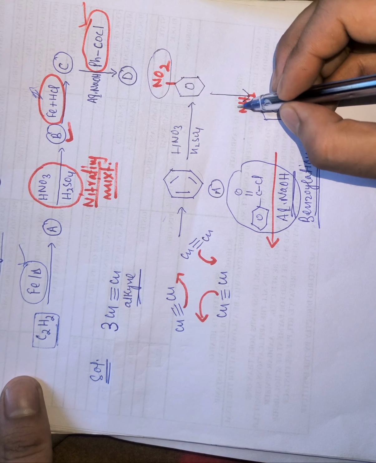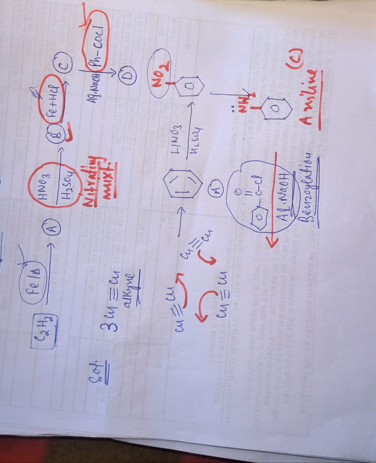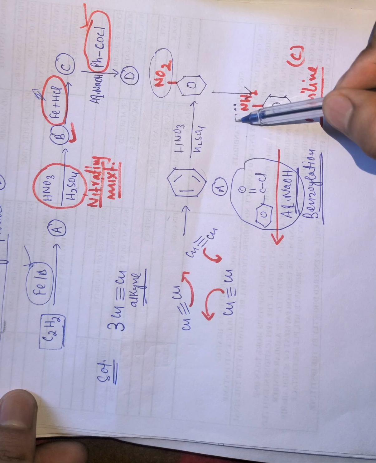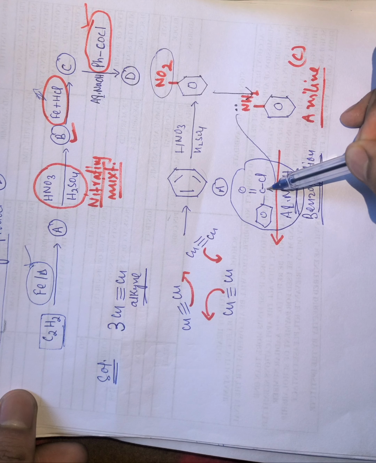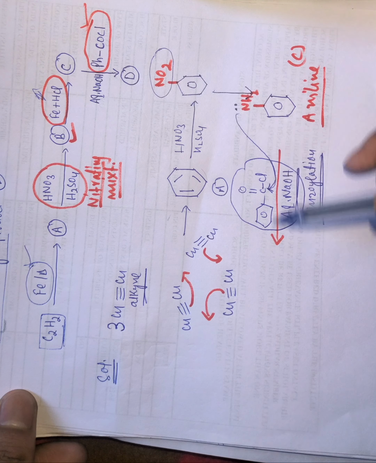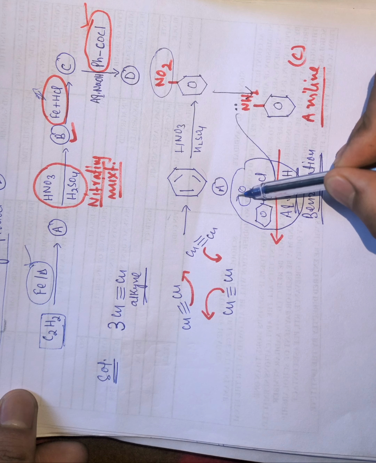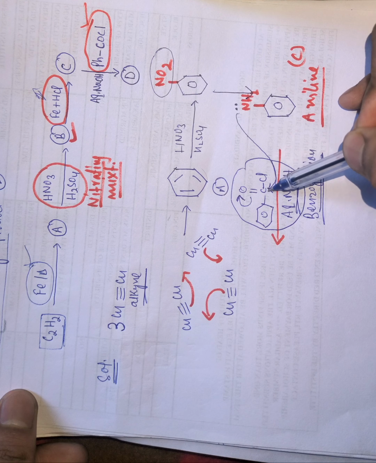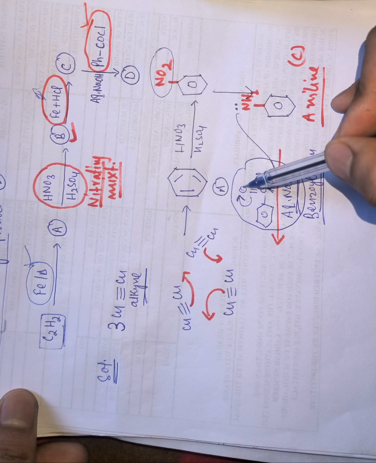Let's see how this reaction occurs. If we take into consideration the mechanism, the nitrogen which contains a lone pair will show a nucleophilic attack on this carbon center, which is electrophilic in nature, and this pi bond will get shifted to the oxygen atom. When this nitrogen attaches to this carbon center, it will attain a positive charge, and this oxygen will attain a negative charge.